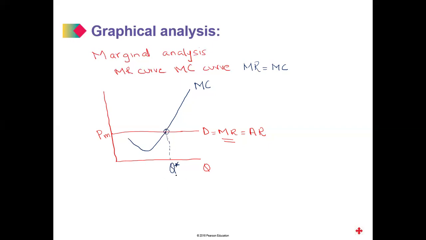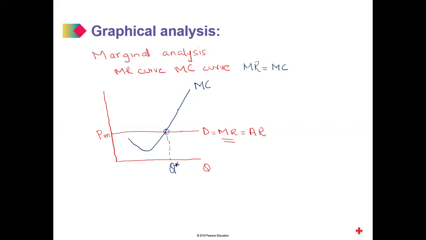So this is the best quantity that the single seller will produce, and the best quantity happens when marginal revenue is equal to marginal cost. Now let's look at a level of production greater than the best quantity. So this is my best quantity.